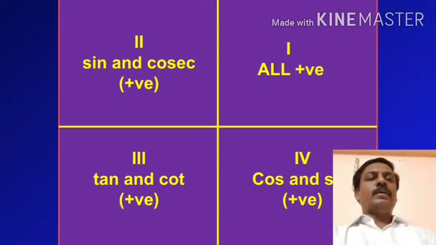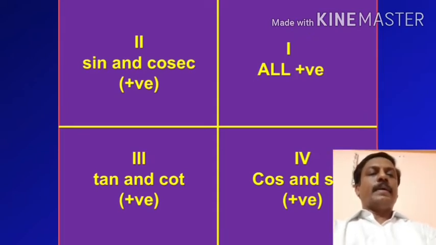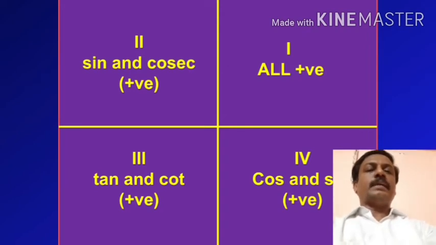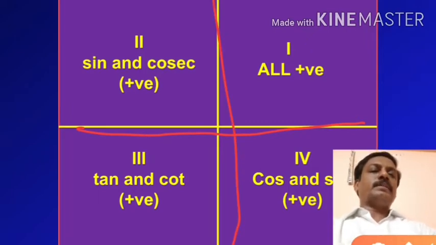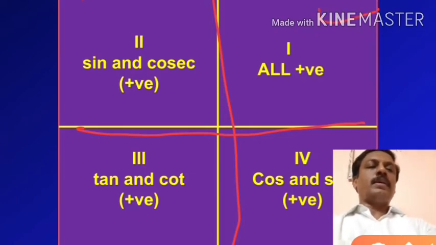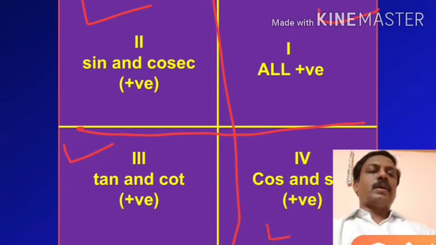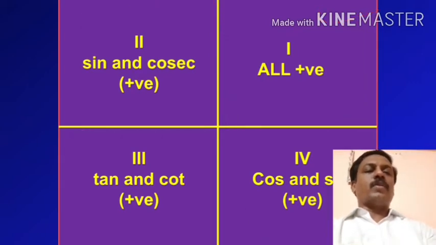You know that the plane can be divided into 4 quadrants. If you take x-axis, see, this is x-axis and this is y-axis. So when we draw x and y-axis, we get 4 quadrants. This is called first quadrant, this is called second quadrant, this is third quadrant, and this is fourth quadrant.